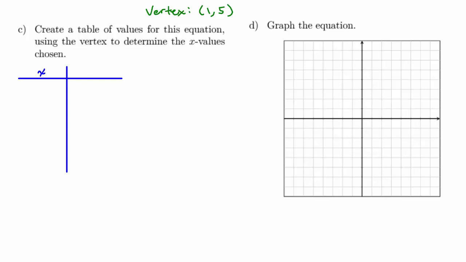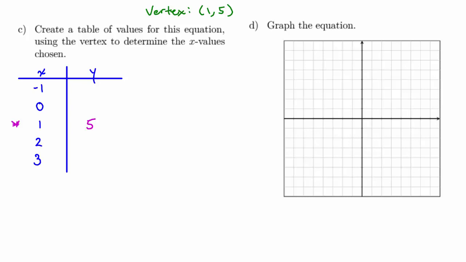So I'll have x and I'll have y, and I know that when x is 1, y is 5, and I'm going to put a star by that because I have symmetry around it. So I want a couple points to the left and a couple points to the right in order to create this graph. So a couple x values to the left of 1 will be 0 and negative 1, and to the right I'll have the x values of 2 and 3.